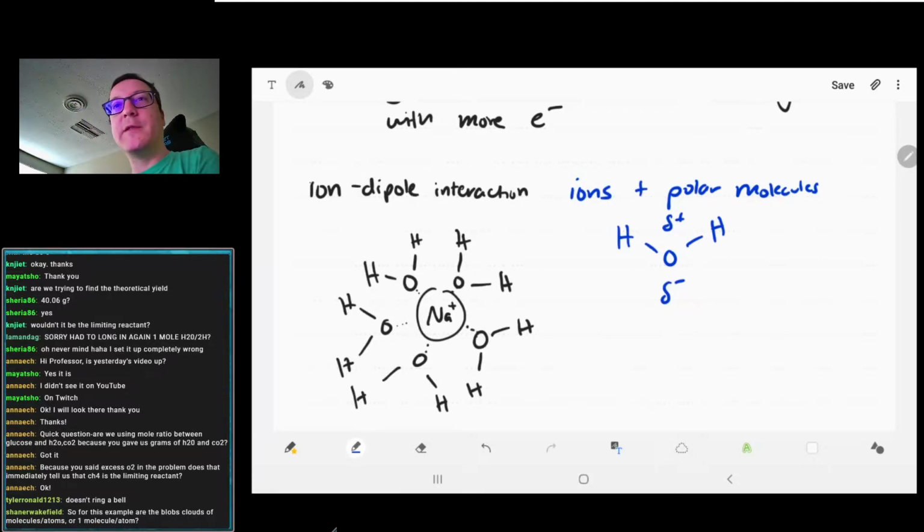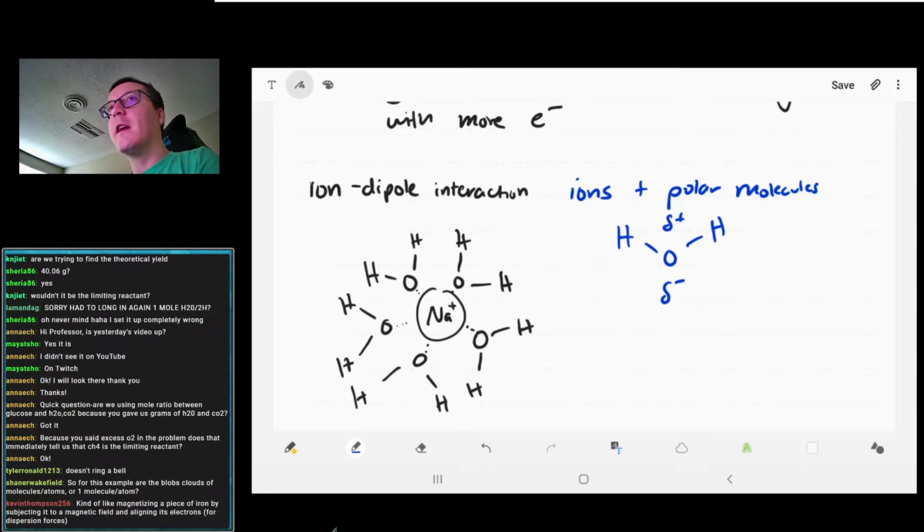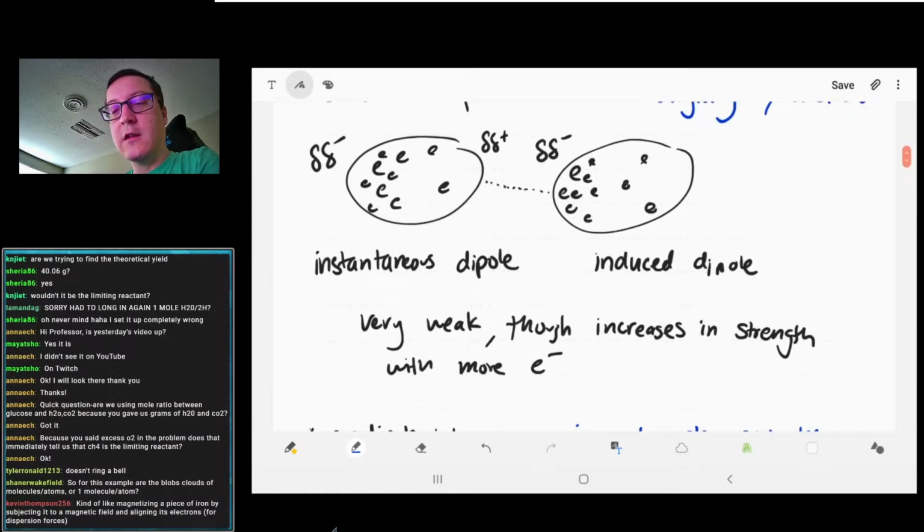has those positive hydrogens. Could be either one, Shane. The blobs could be anything. They are just generic blobs. Yeah, kind of. It's exactly like that. So you can magnetize something. Though magnetizing iron can stick around for a long time, this thing just goes away pretty quickly. But yeah, it's kind of the same idea.